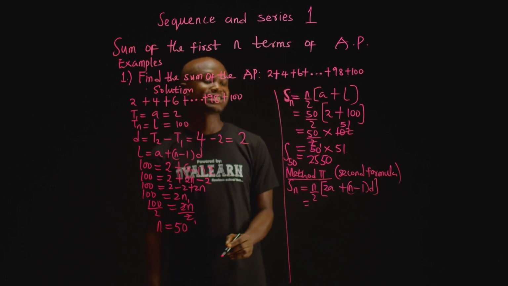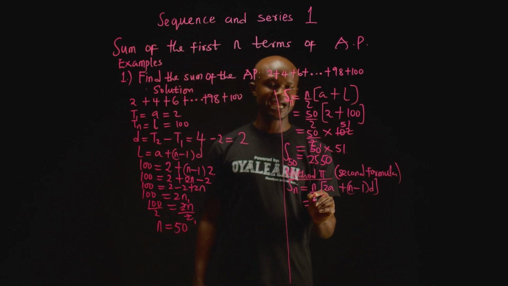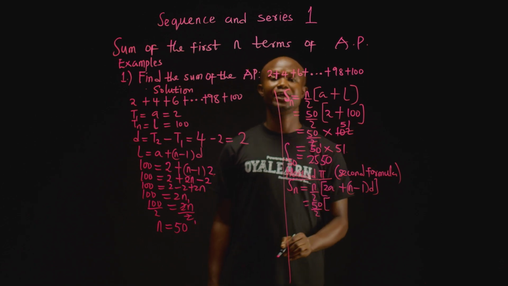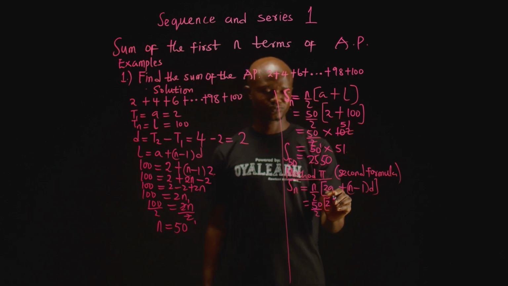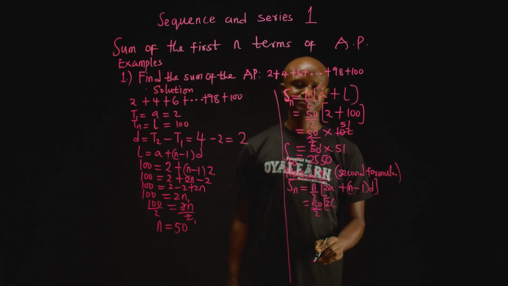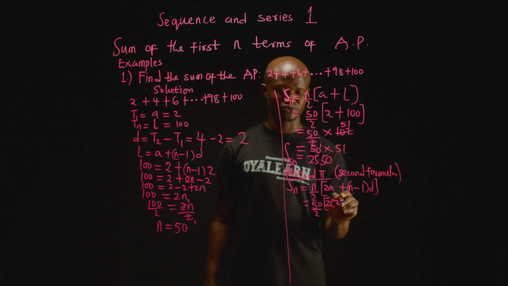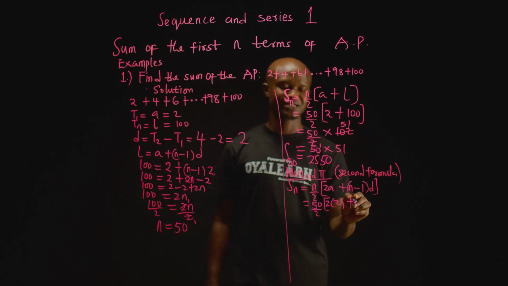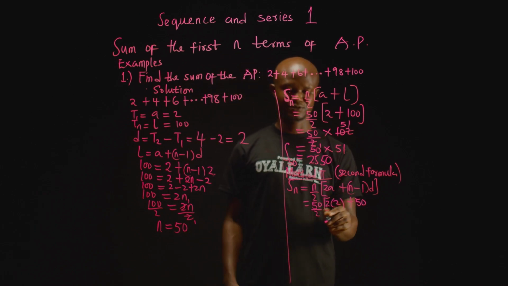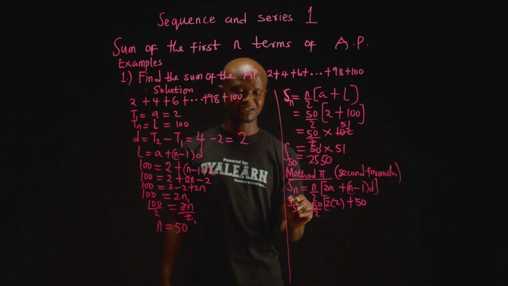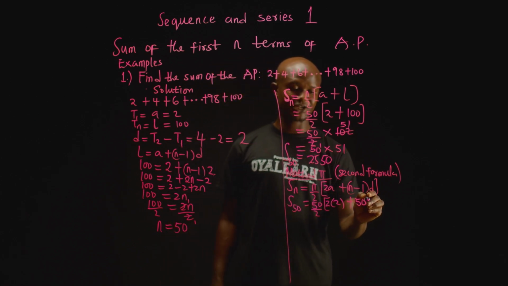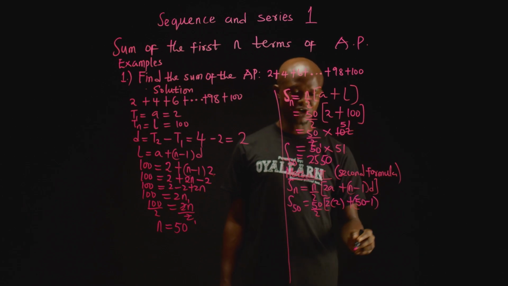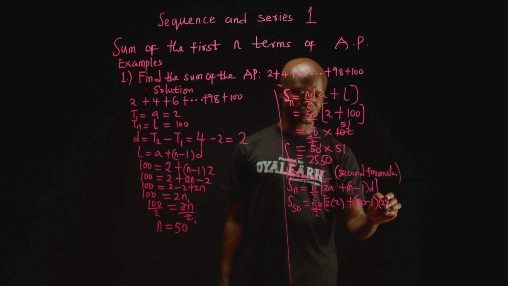Now, what is the value of n? n is 50. So we have 50 over 2 into what? 2a. What is a? A equals 2. Then we substitute. Plus, what is n? n is 50 from here. So we have S50 here. Then minus 1 times, what is the common difference? The common difference is d, which is what? 2 also.